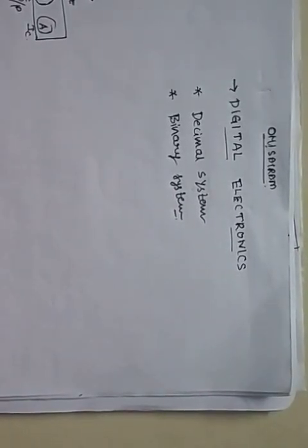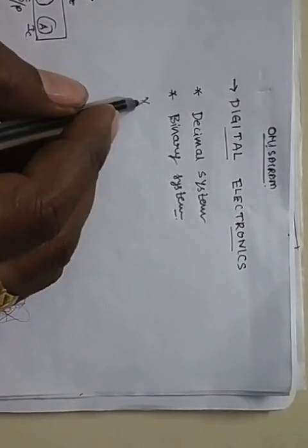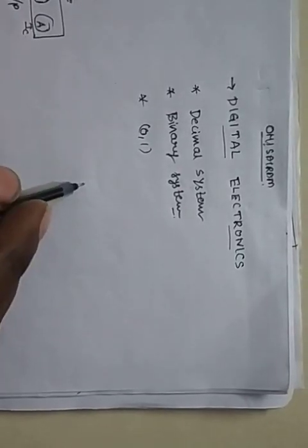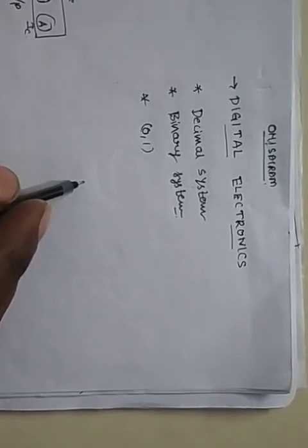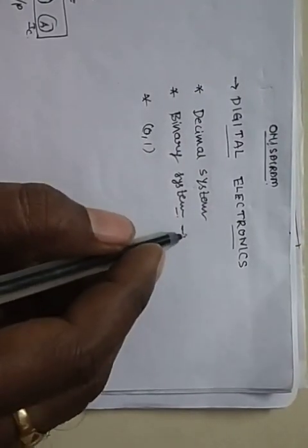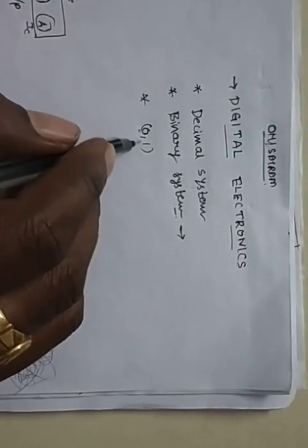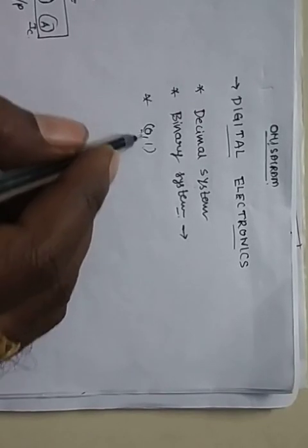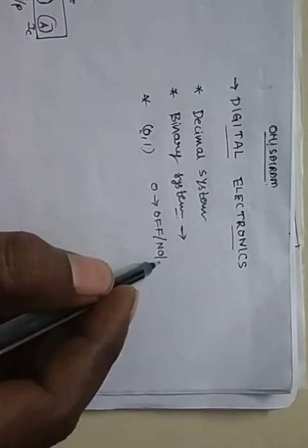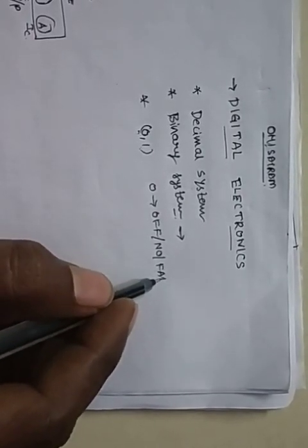Here there are bits and bytes. 0 and 1 are called bits. A set of 8 digits is called a byte. So this binary system contains only 2 digits. This 0 indicates off, no, false.